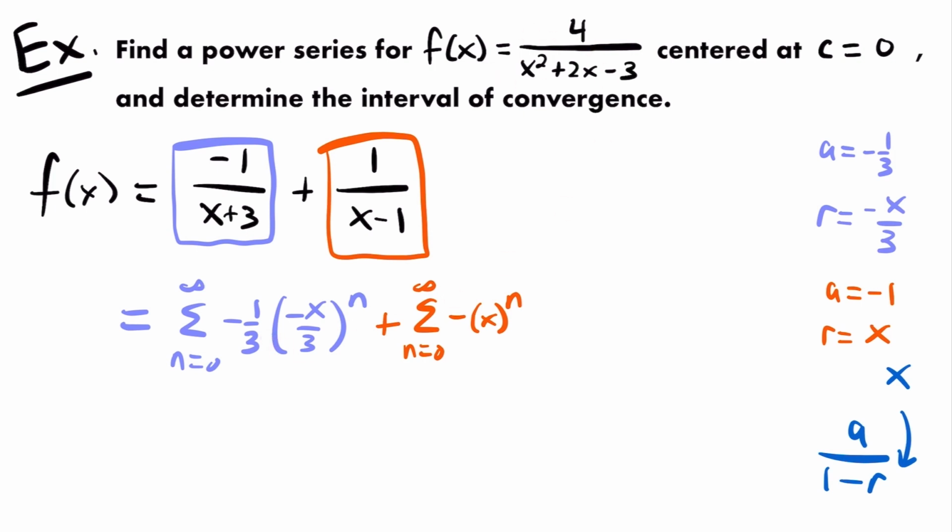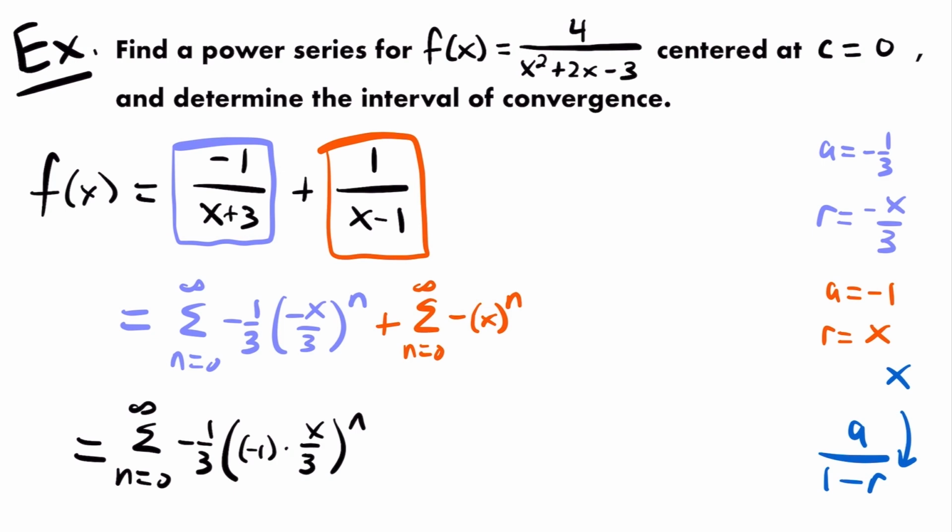And so let's start by simplifying this power series. We can rewrite negative x divided by 3 to be negative 1 times x divided by 3, right? So this will be equal to the sum from n equals 0 to infinity of negative 1/3 times negative 1 times x divided by 3 to the power of n. And then to simplify this a little bit, let's pull this negative to the outside.